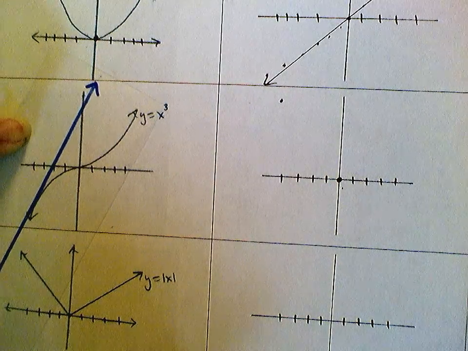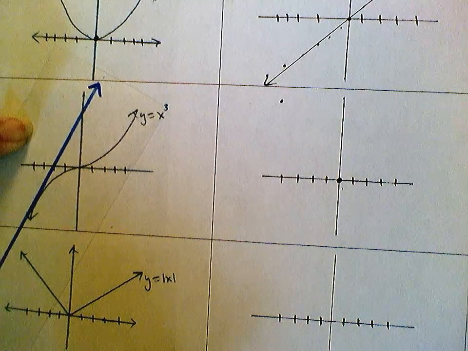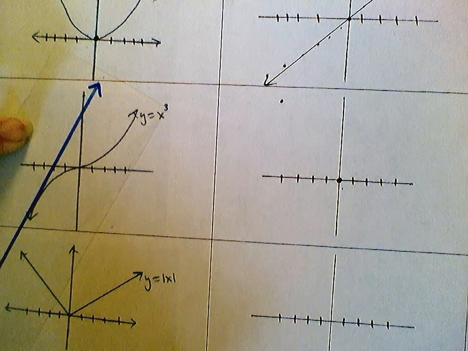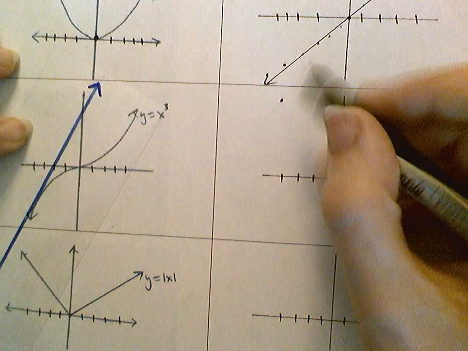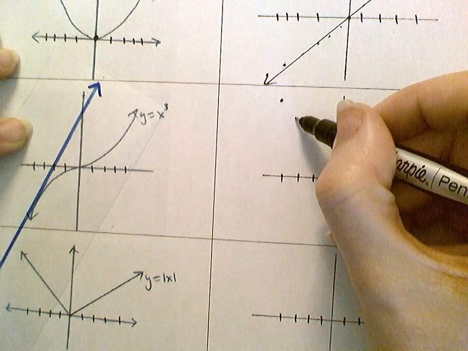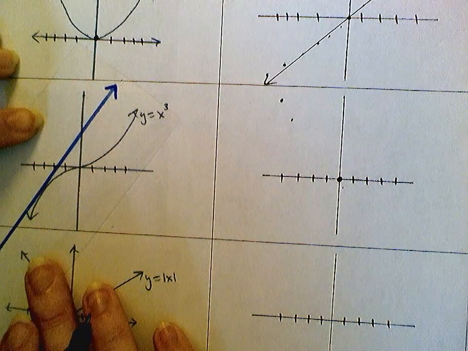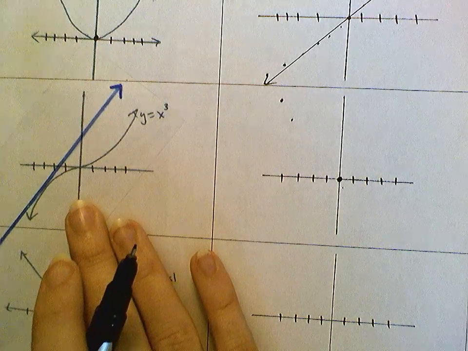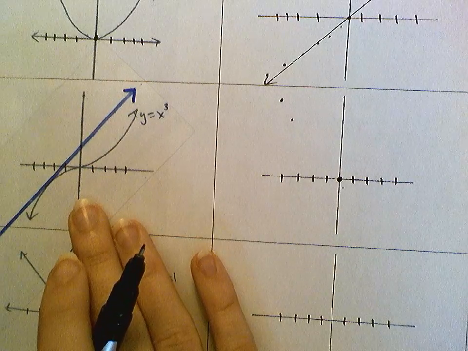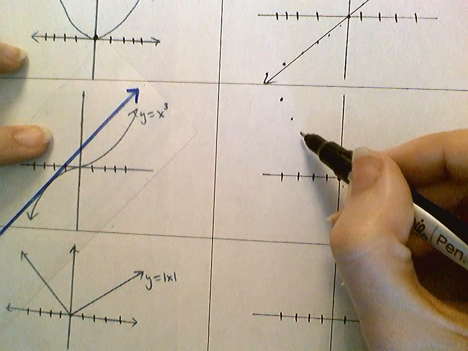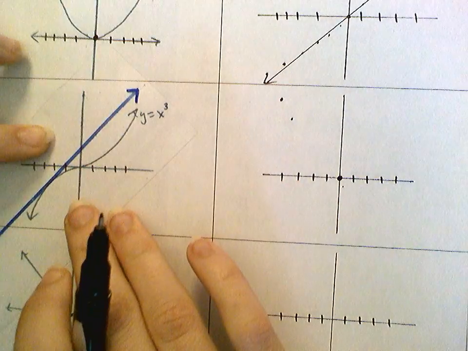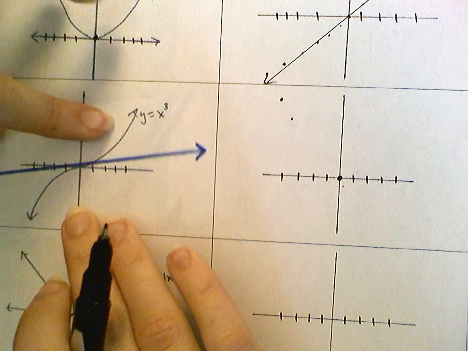And as I move along the graph, it's still positive, but it's less steep now. And as I move along the graph, it continues to be still positive, but less steep, until we get to that saddle point where it's 0.